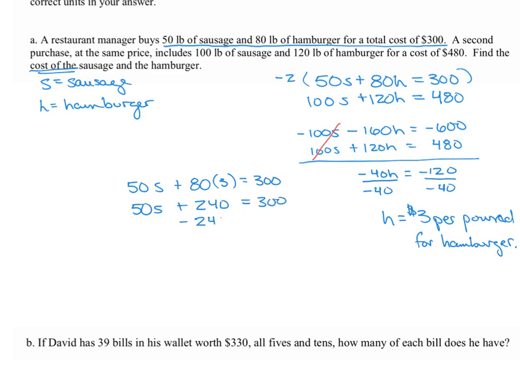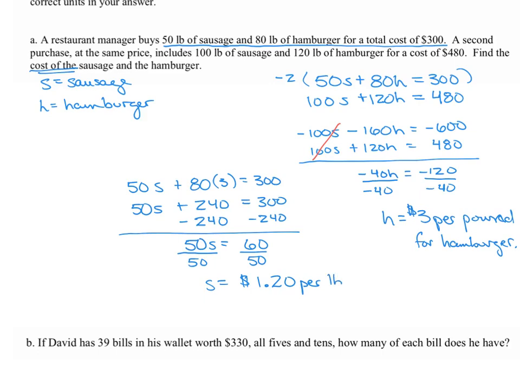I can subtract 240 from both sides. And we get 50S equals 60. If we divide by 50, we get S equals, I believe this comes out to $1.20 per pound for sausage.